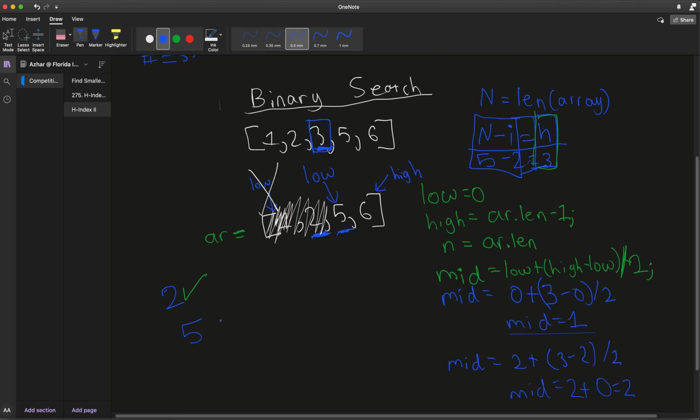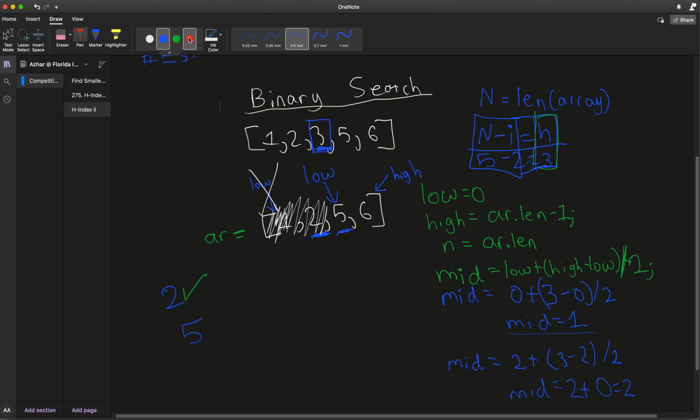So let's look at 5. Are there 5 numbers greater than or equal to 5? It's not possible. So we're gonna go ahead and just return, well, or at least 5 won't work. So yeah, 5 won't work.